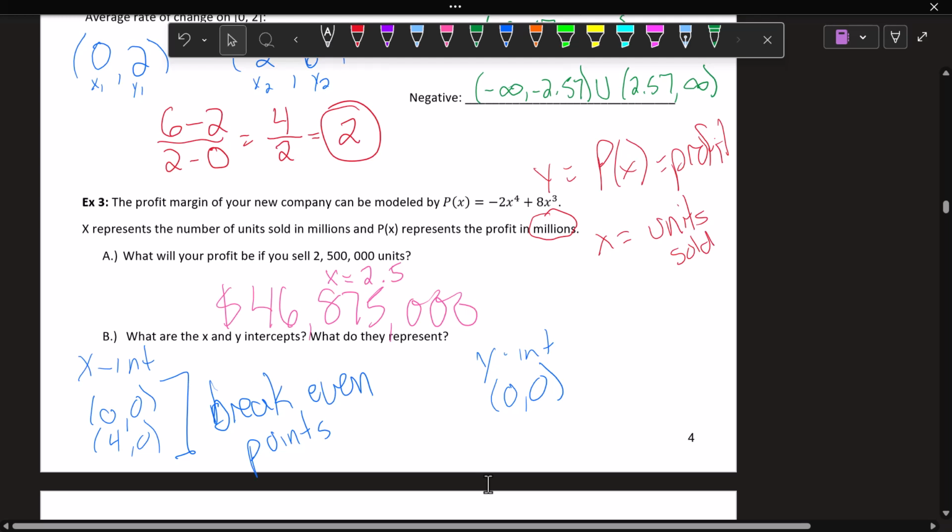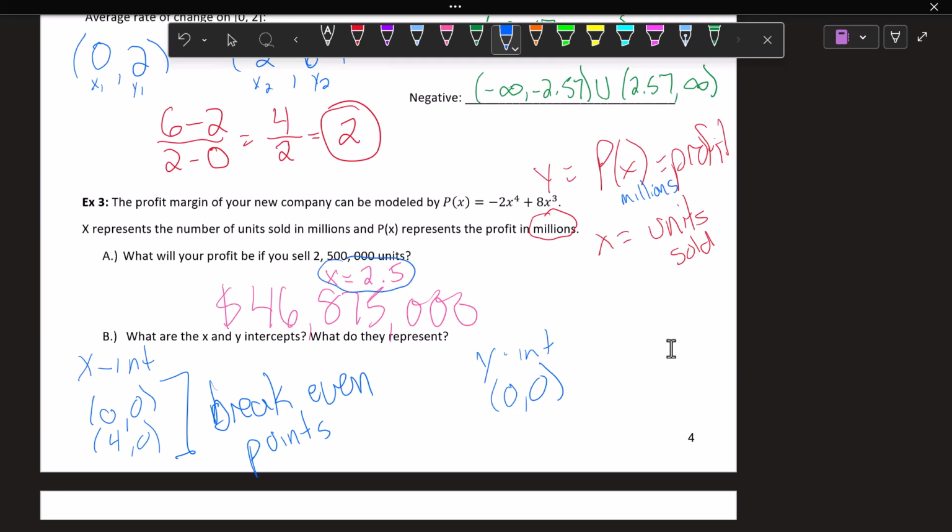Now, we have this word problem. The profit margin of your new company can be modeled by P of x, or y. So that's our profit, equals negative 2x to the fourth plus 8x cubed, where x is the number of units sold, and the profit is in millions. So what will your profit be if you sell 2,500,000 units, or x equals 2.5?